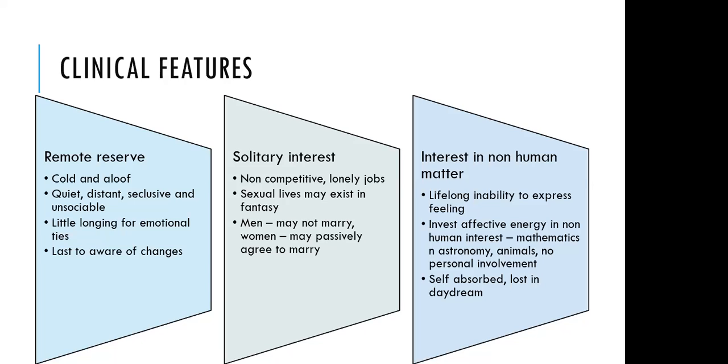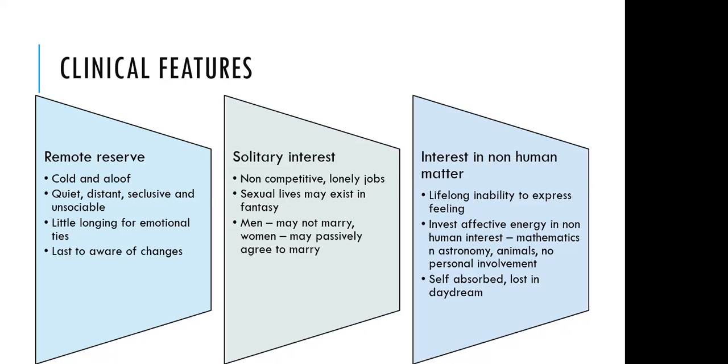In terms of sexual life, they have a sexual life in fantasy, and they may appear to have a delayed mature sexuality, where the man may not be married, or the woman may agree to marry an aggressive man who wants to marry her.